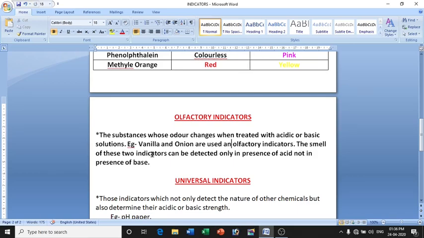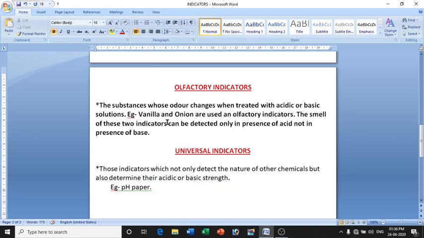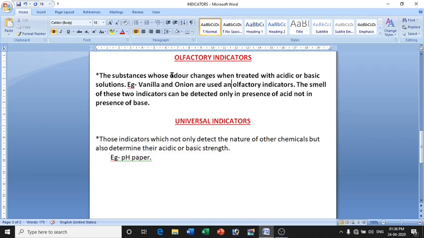The smell of these two can be detected only in the presence of acid, not in the presence of base. So you should remember that when you use these olfactory indicators to detect whether a solution is acidic or basic, this can be detected in the presence of acid only, not in the presence of base. So you should not get confused about olfactory indicators. This also belongs to natural indicators.